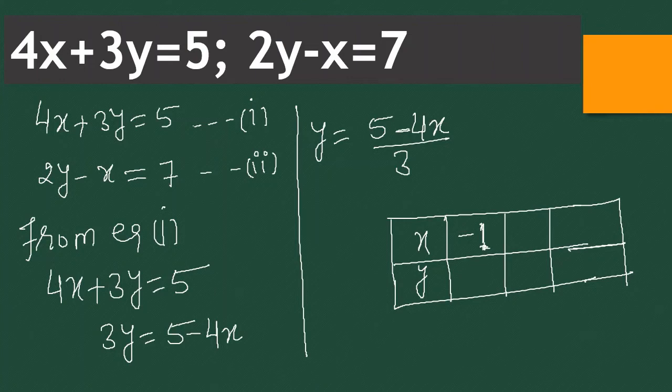Now second, I am keeping x equal to 2. 4 twos are 8, minus 8 plus 5, what would come? Minus 3. So minus 3 divided by 3 will be minus 1. Next, I am taking minus 4. 4 fours are 16, 16 plus 5 is 21, so this will be 7. I hope you understood this.